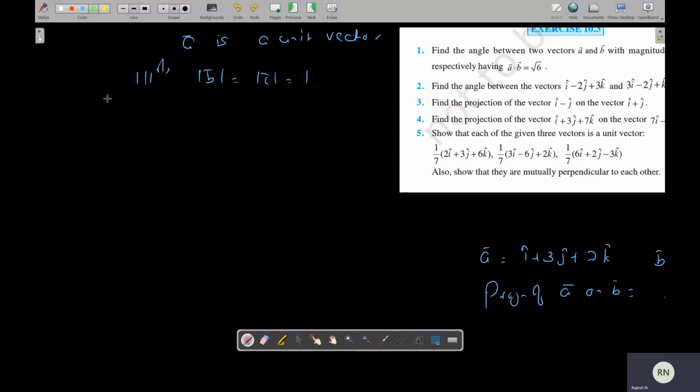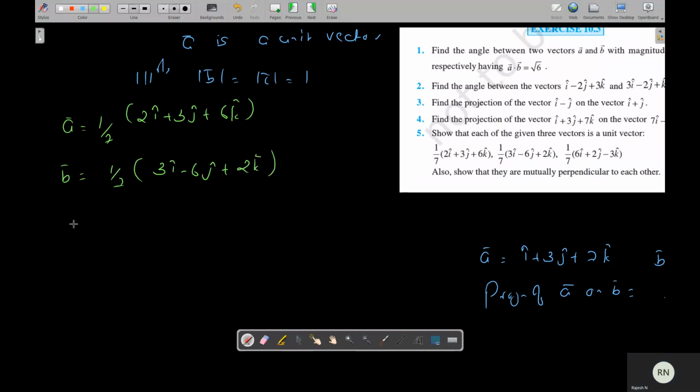Take a bar equal to 1 by 7 into 2i cap plus 3j cap plus 6k cap. b bar is equal to 1 by 7 into 3i cap minus 6j cap plus 2k cap.